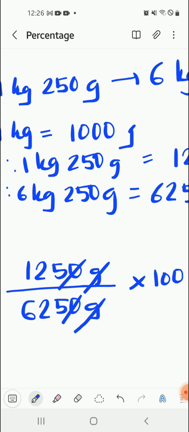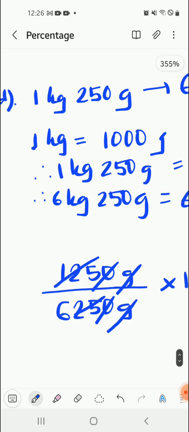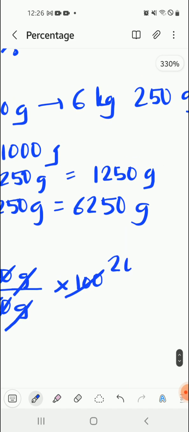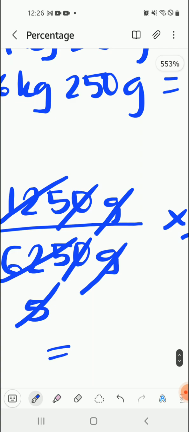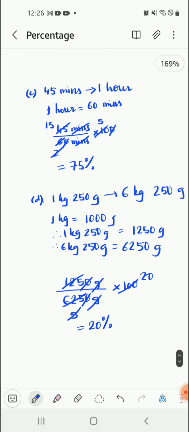Both will get divided by 125. 125 divided by 125 is 1. 625 divided by 125 is 5. 100 divided by 5 is 20. So my answer becomes 20%. That is it.